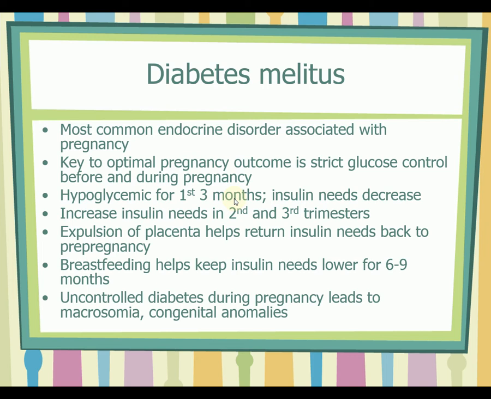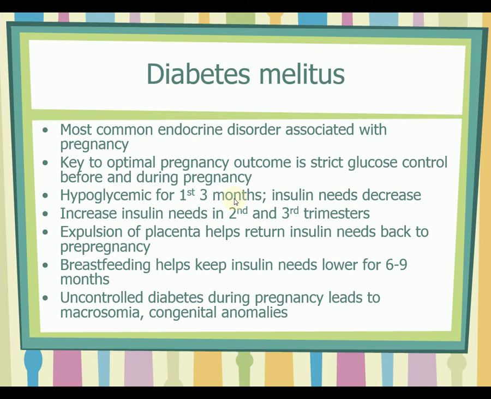So she has to be really monitored closely for those first 24 hours for hypoglycemia. If pregestational moms decide to breastfeed, it will help keep their insulin needs lower for around 6 to 9 months.